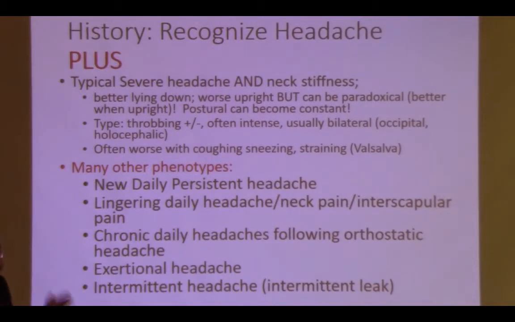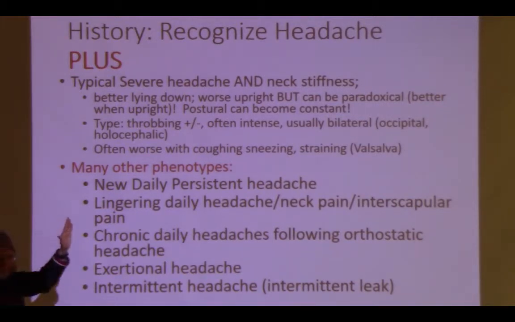Now, how do we recognize somebody has a low pressure headache? Well, we have to look at the history. Usually they're typically severe headaches and neck stiffness. And one of the key pieces is that it's better lying down, worse when they're upright, but there are a few people who have it paradoxical, like they're better when they're upright and worse when they're lying down.